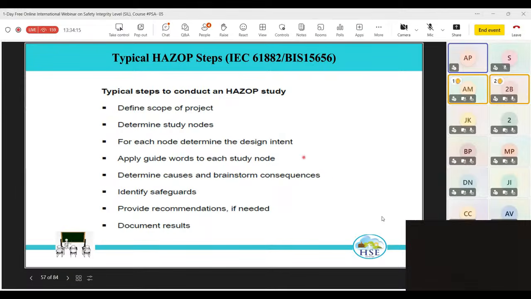So typical HAZOP steps, as sir said, HAZOP is done as per the international standard IEC 61882 and BIS 15656. So, typical steps to conduct a HAZOP study. Basically, first we need to define the scope of the project, determine study nodes, meaning whatever P&IDs there are, we need to mark up the different nodes in that P&ID, and one by one each node has to be evaluated for the design intent.